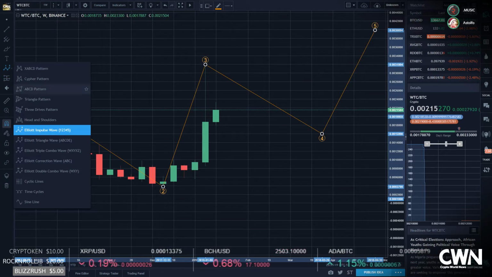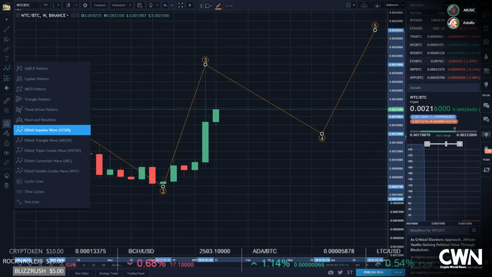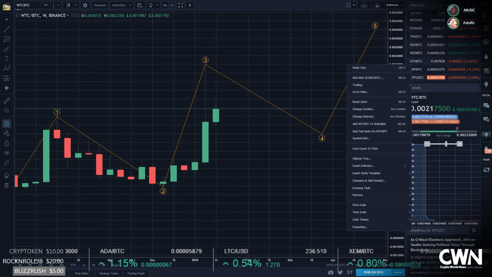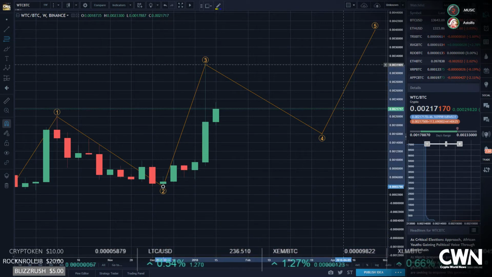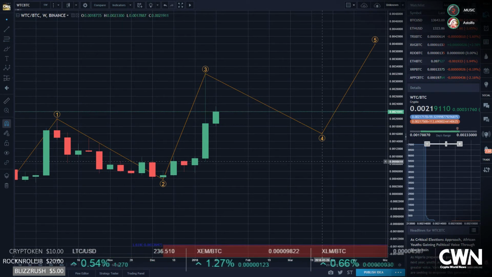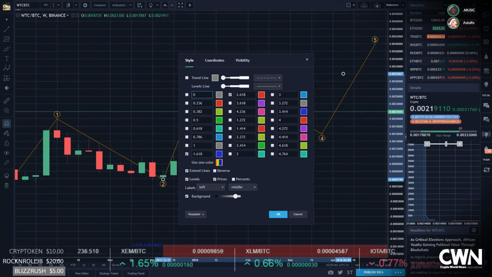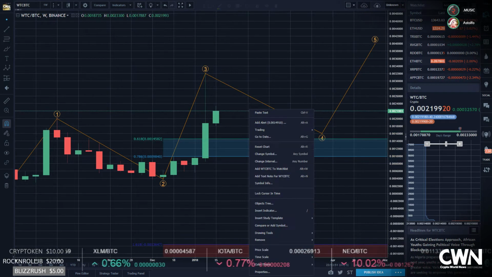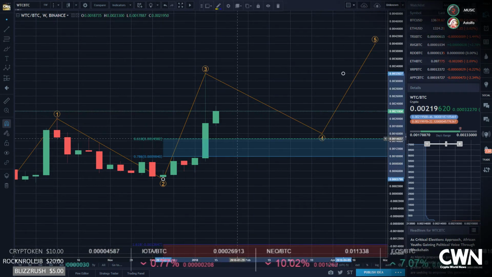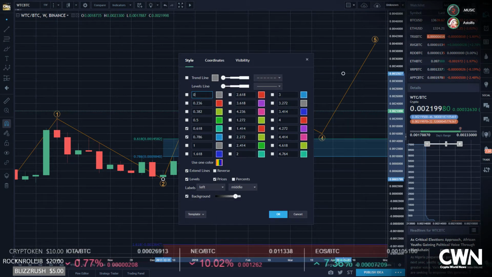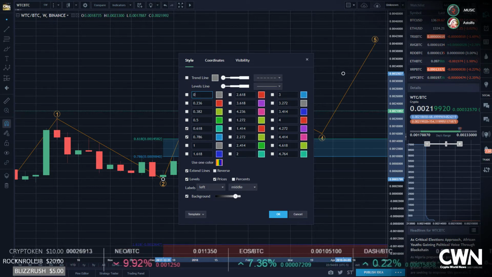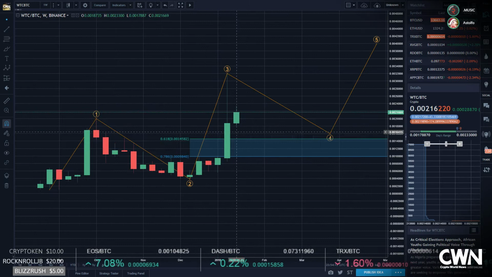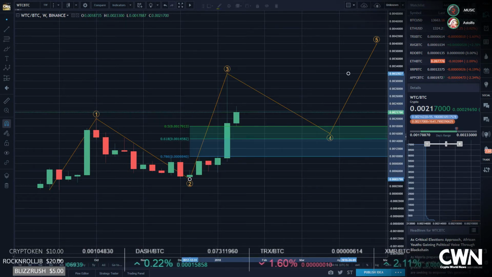Let's go ahead and pull support fibs from our wave 3. Maybe a 50 in there too.